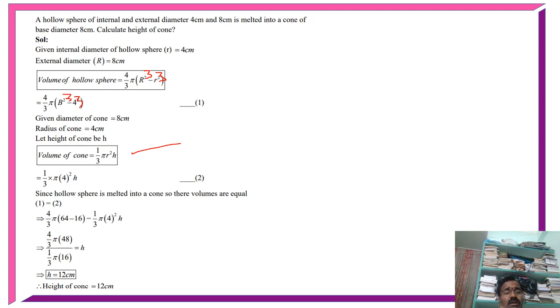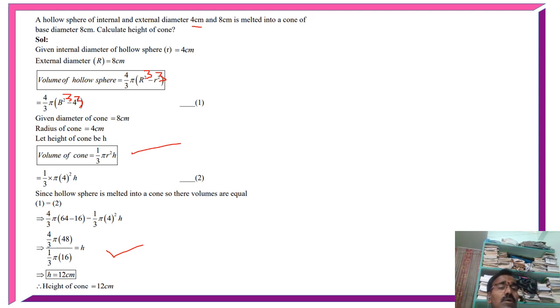Volume of cone is 1/3 pi r square h, and equate both the values. As we know, 4 square value is 64 because it is given 4 and 8. So substitute the values, we get the simplification value. We have to simplify this value, and diameters are given.